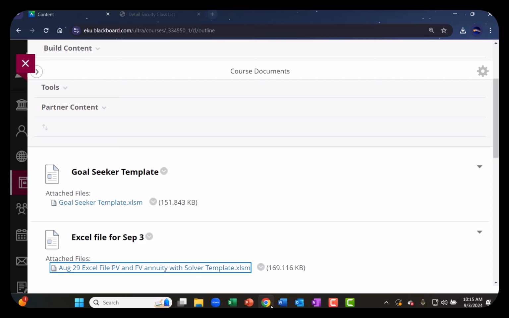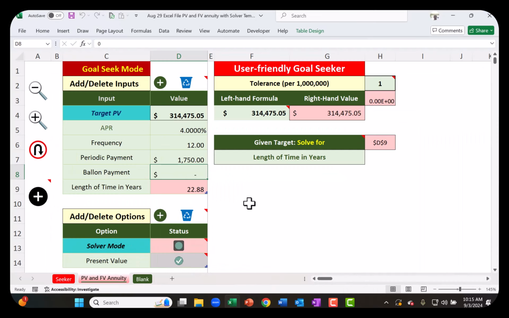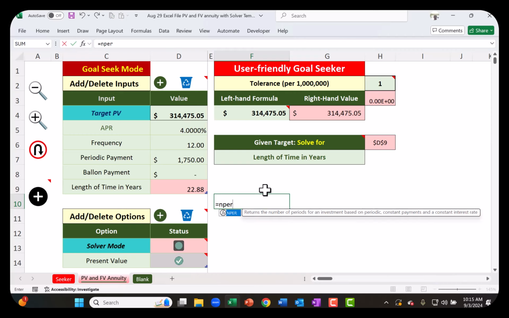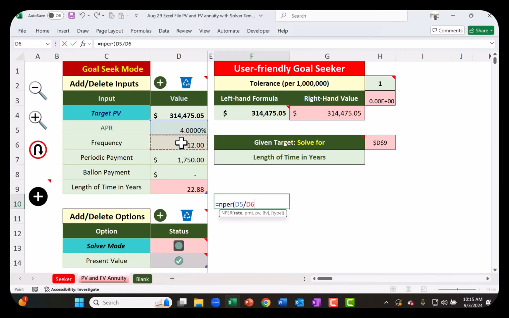Just to show ourselves. For example, here we're calculating number of periods, right? Rate is period rate. Negative of payments. I think the payment itself, let's see. Present value.